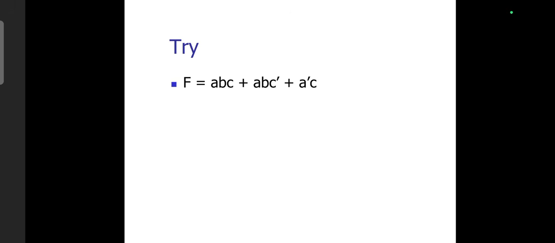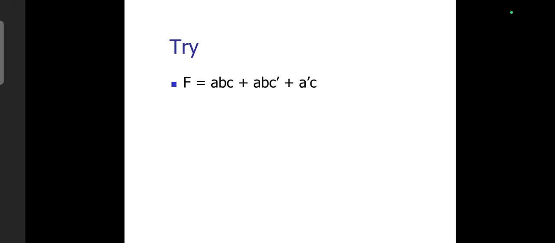Now we try this function minimization example. I will explain, you try it on your own. ABC plus ABC bar plus A bar C. Our goal is to obtain a simplified expression. Take the first two terms, ABC plus ABC bar. Factor out AB, so we get AB into C plus C bar. Using the complement law, C plus C bar equals 1. So AB into 1 equals AB.